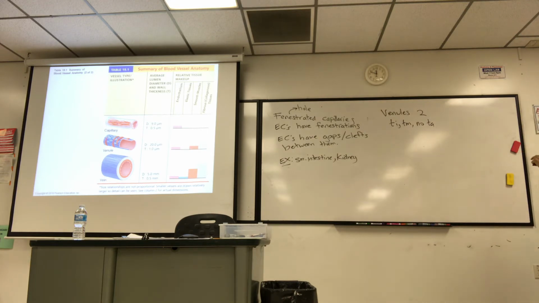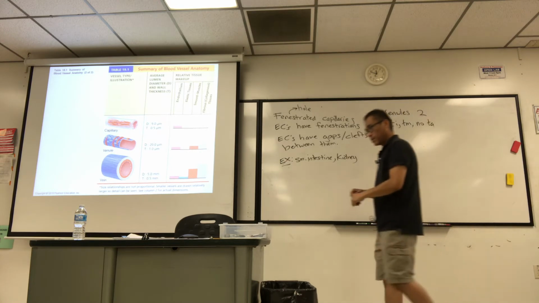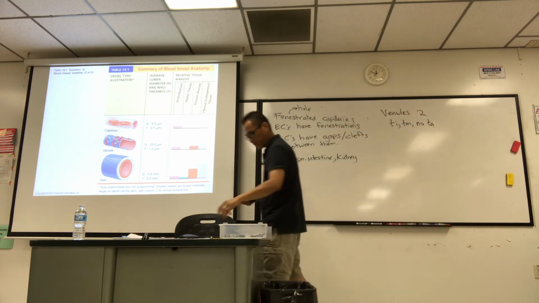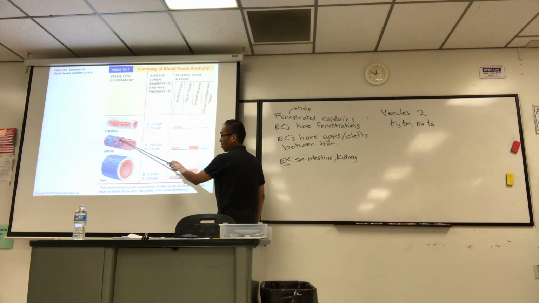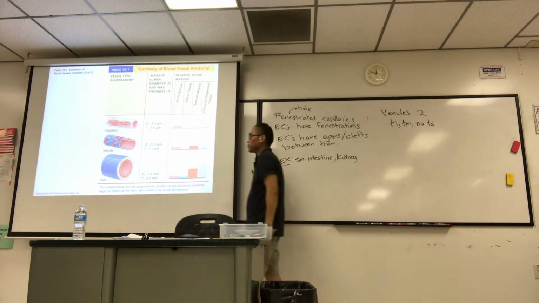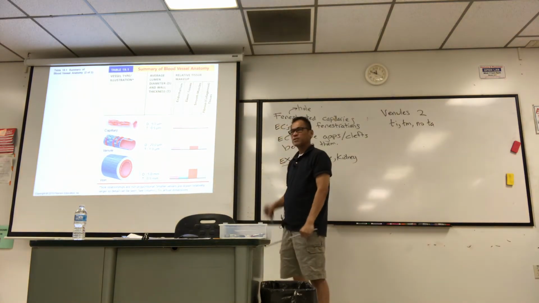So look at the picture of a venule. I see the TI, the endothelium. They show you a few spindle-shaped cells. These are the smooth muscle cells. What layer is the smooth muscle cells? TM.